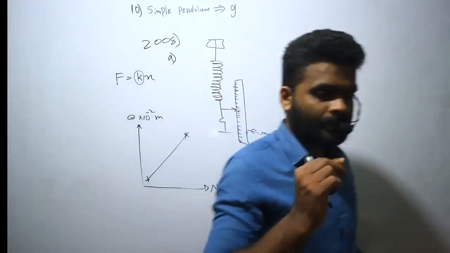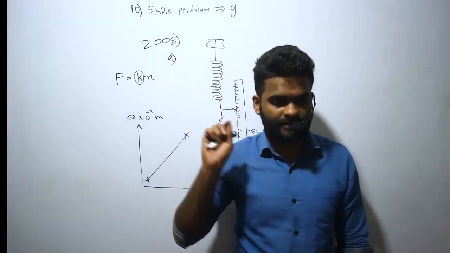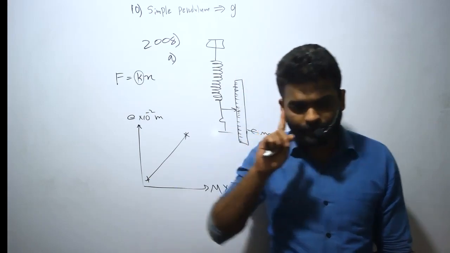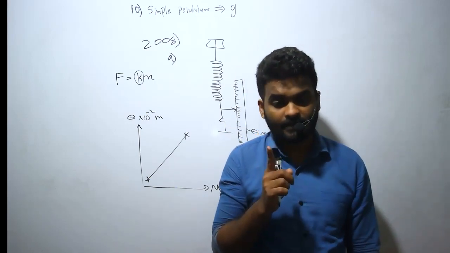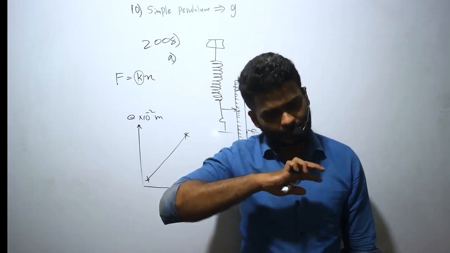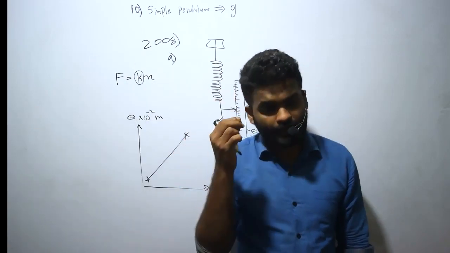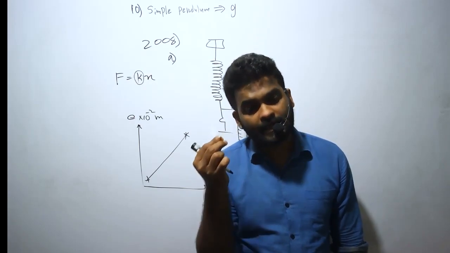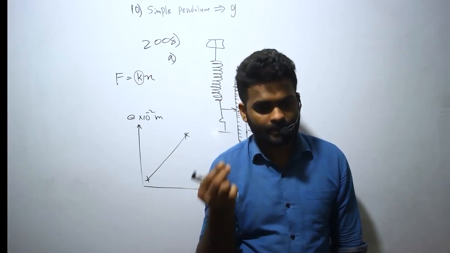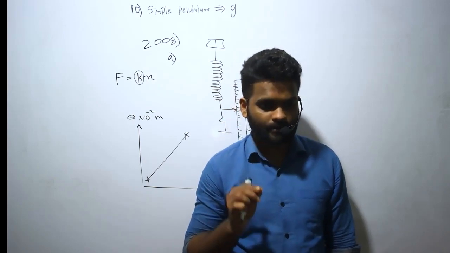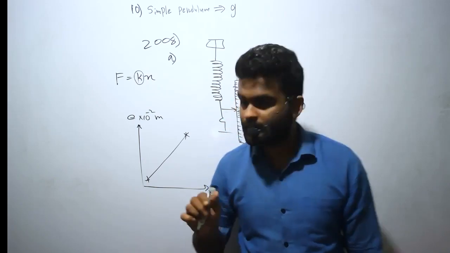So listen now, right? This is important. I don't know whether you know this or not. So when you get a graph, I didn't explain this. This is applicable for all the graphs, for all the experiments. So when you are calculating the gradient of a graph, you have to get two xy coordinates, right?